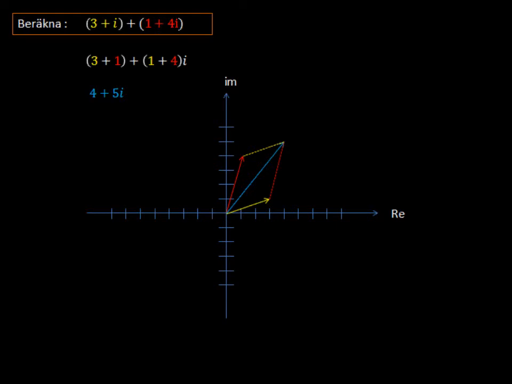Let's look at just the blue one for a second now by itself. And we're going to think to ourselves, okay, sure, we have now a new complex number, but I want to look at this in terms of vectors. So I'm curious also as to how long is this thing?